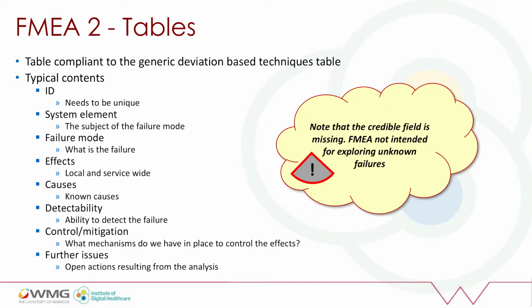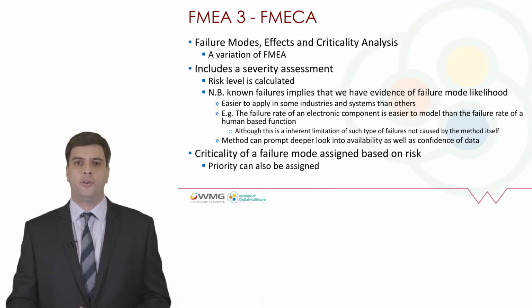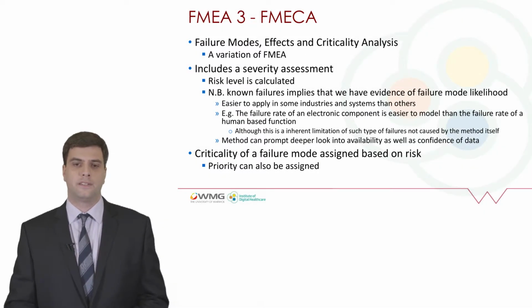It's worth noticing that the column about whether a failure mode is credible or not is missing. That's because FMEA is not intended for exploring unknown failures, but it is using known failures associated with a system element.